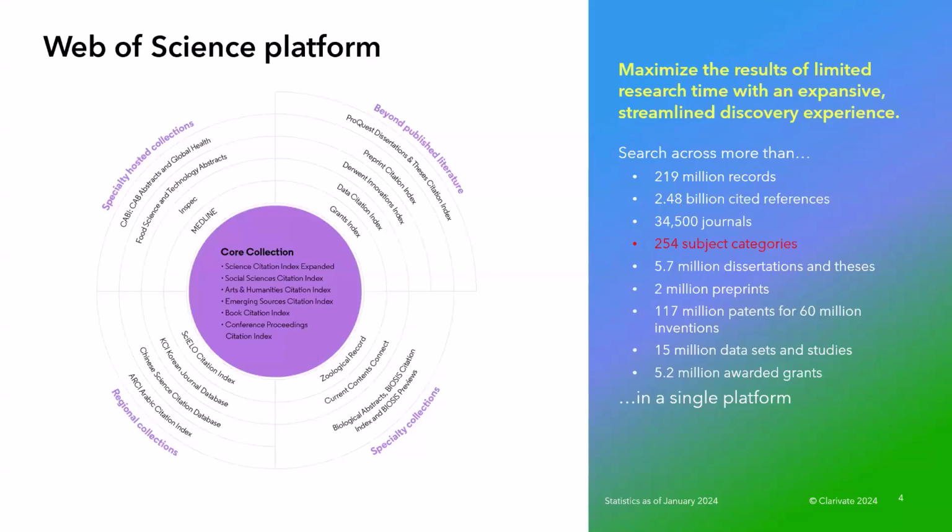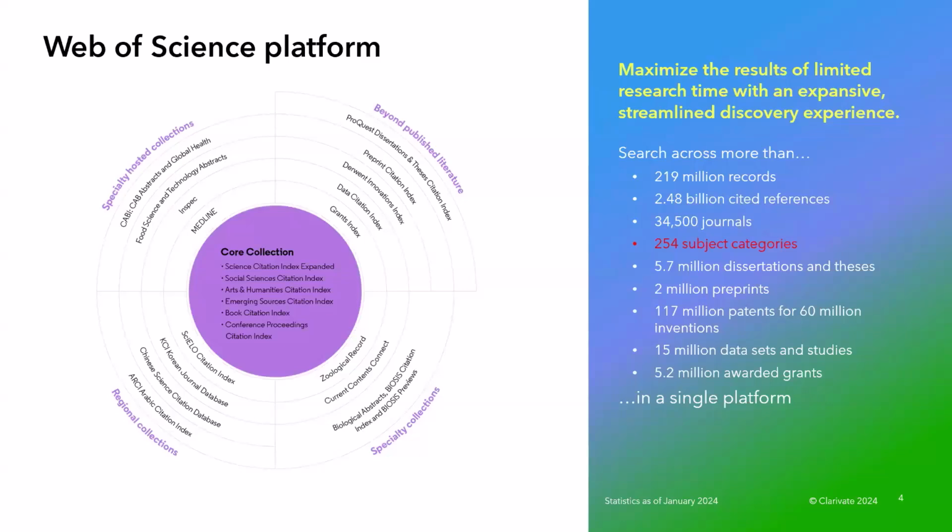This is the full range of databases available on our platform. Just to cover them very briefly, we have specialty databases, regional collections, hosted content, and databases that go beyond what we call published literature.